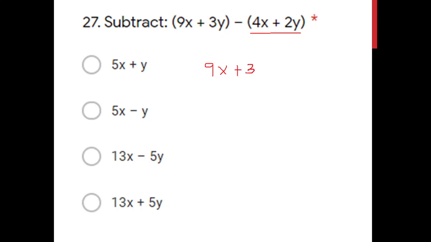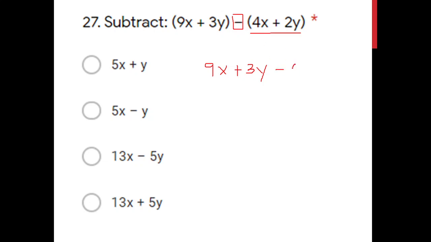Now remember, our main operation is subtraction. So how do we change this one? Change the subtrahend following the rule of subtraction. All you need to do is to multiply the sign of each term. Now the sign of the first term is positive, this is positive 4x. So positive times negative will always be negative.